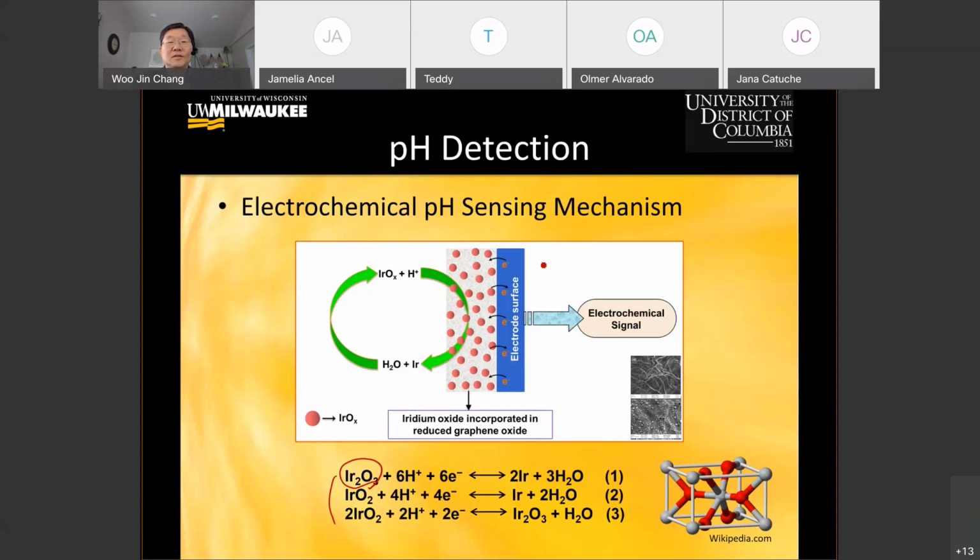So basically, I just need to modify the electrode surface with iridium oxide, and depending on the pH, this iridium oxide status varies, and then eventually the electrical potential that this iridium oxide has varies. So by just measuring the electrical potential, I can determine the pH of the surrounding fluid.